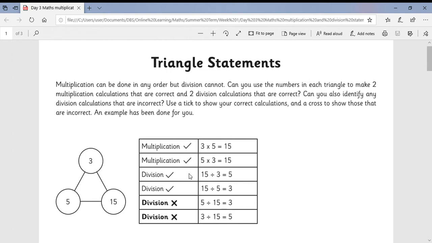Here are the correct division statements. So we know that this must be correct at the beginning because they've used the total to start with. So they started okay here, 15 divided by 3 equals 5. Have they used all the numbers in the triangle? Yes, they have. It's the same as saying how many 3s are there in 15?